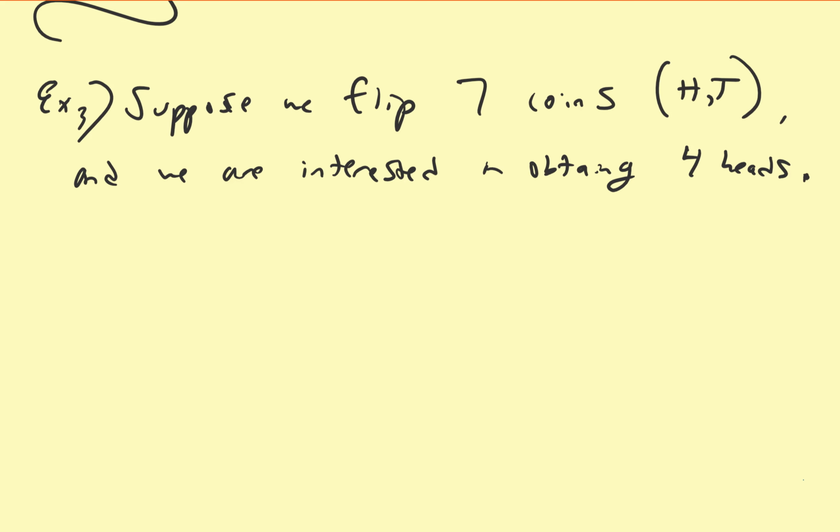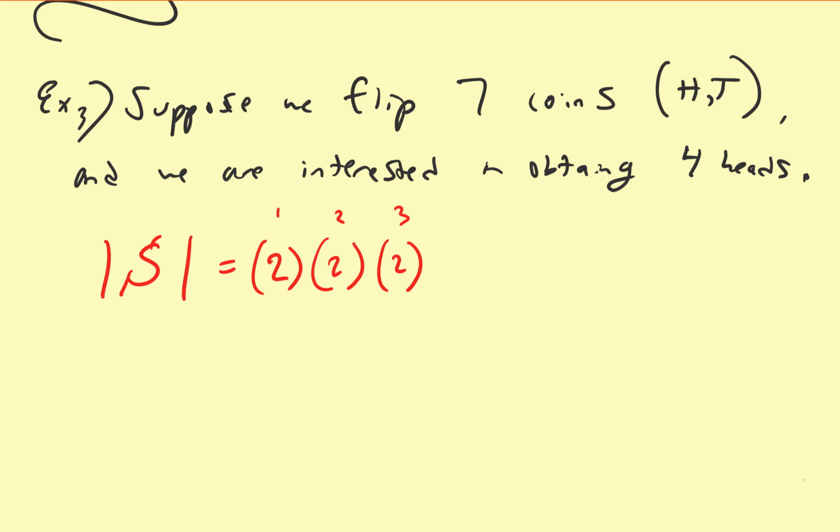Alright, so I'm not going to list out the sample space or event space, but I'm going to calculate them without it. So the size of the sample space: how many coins do we have? Well, we have 7. So there's 2 possible outcomes for the first, 2 possible outcomes for the second, 2 possible outcomes for the third, all the way down to 2 possible outcomes for the 7th.